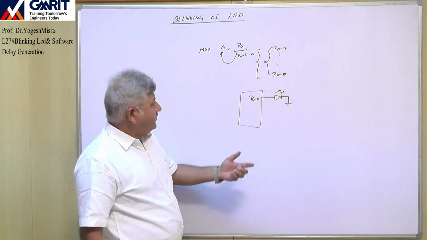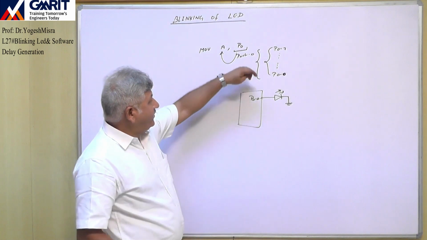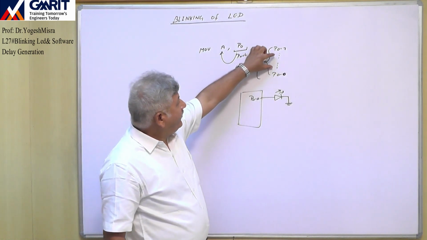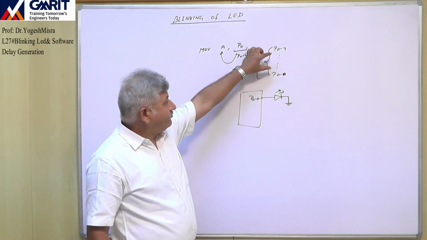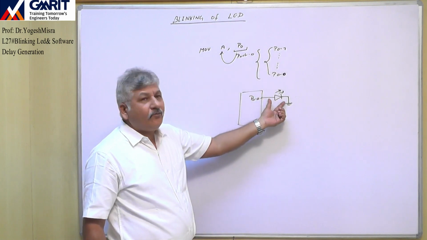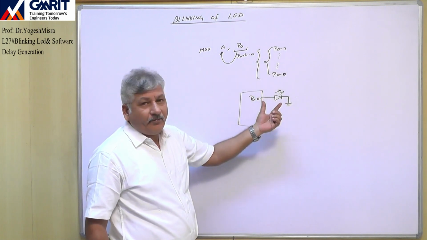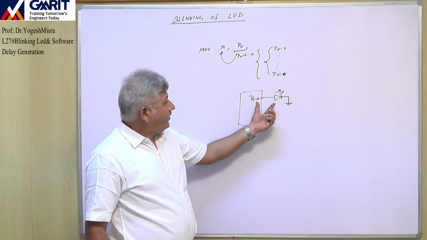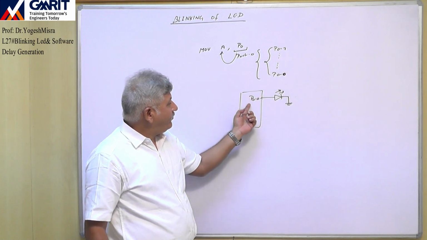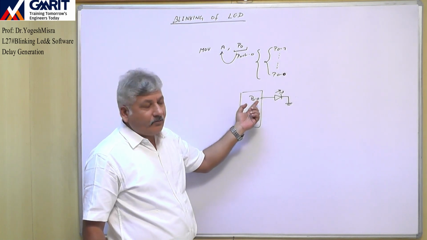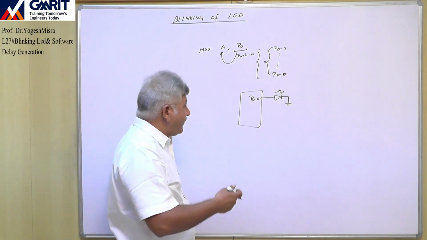In this case there is no need to access the remaining pins of port 0, because we have connected our LED only to one particular pin of port 0. So we require in this case to access only pin number 0 of port 0. This can also be done.